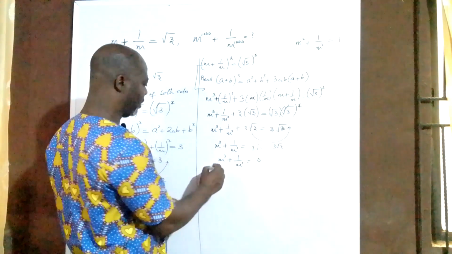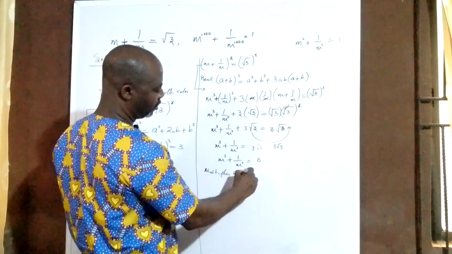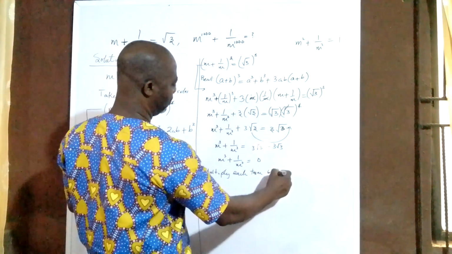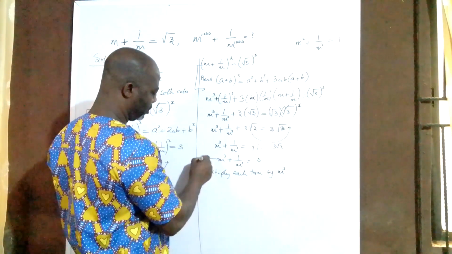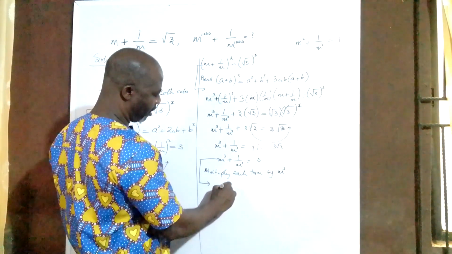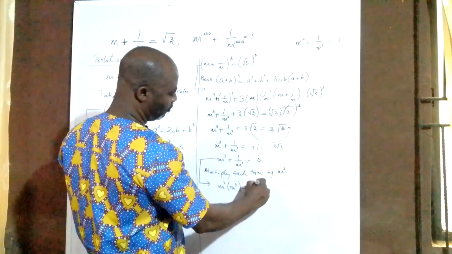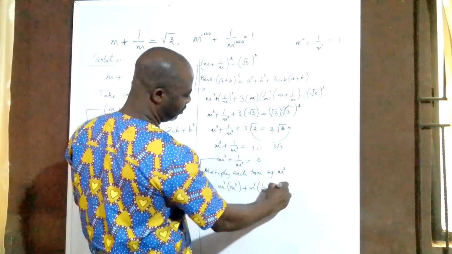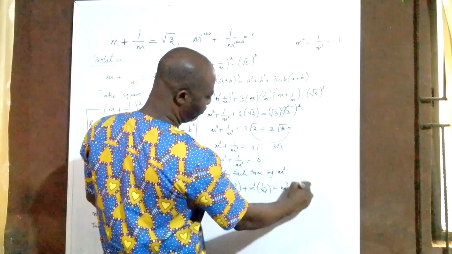So what I'm going to do now is to multiply each term by m cubed. So this will give me m cubed multiplied by m cubed plus m cubed multiplied by 1 over m cubed equal to m cubed multiplied by 0.